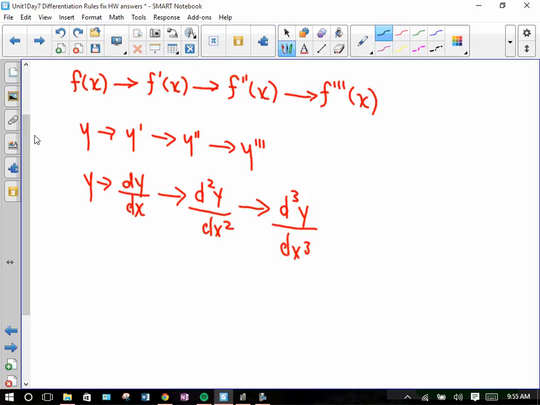If I ask you to find the 314th derivative of x squared, what do you think that might be?